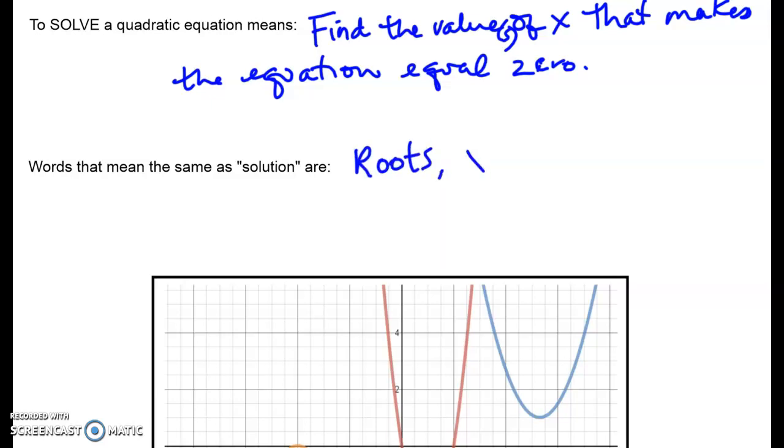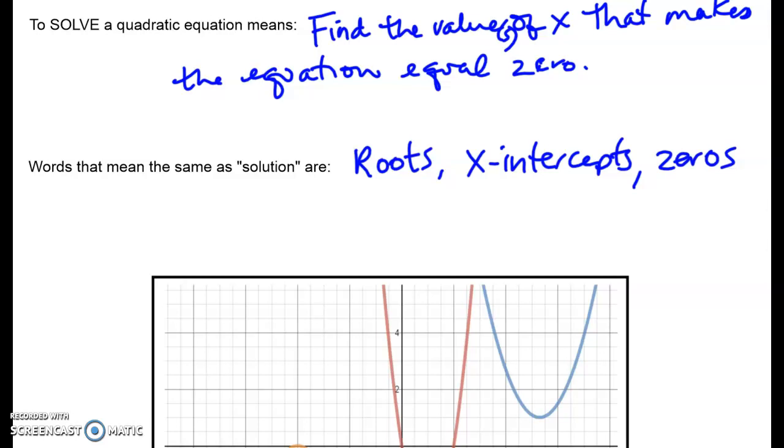We could say x-intercepts, keeping in mind that the places where y equals 0 will always happen along the x-axis. The whole x-axis is the place where y equals 0. So solution, we could say roots, we could say x-intercepts. Sometimes they're called zeros because that's where y equals 0.